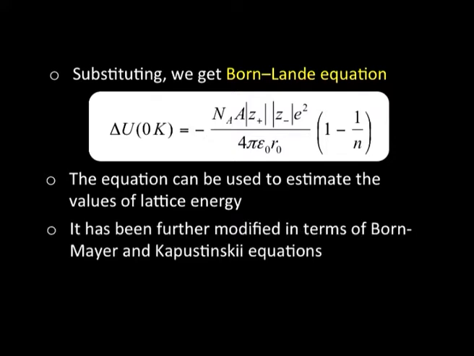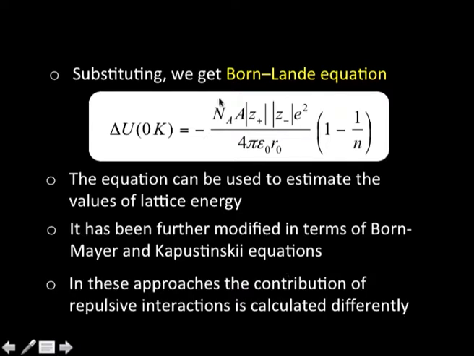Further, this expression is quite well known and utilized fairly well, but there have been certain modifications to even this expression, and we got expressions like the Born-Mayer expression and the Kapustinskii expression. Basically, all these approaches work out the repulsive interaction in a slightly different way.